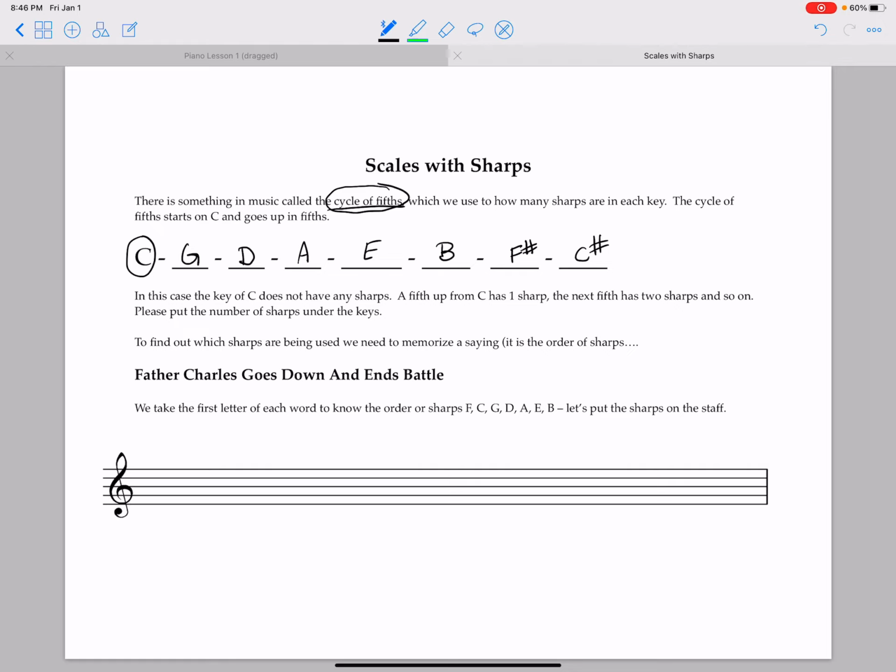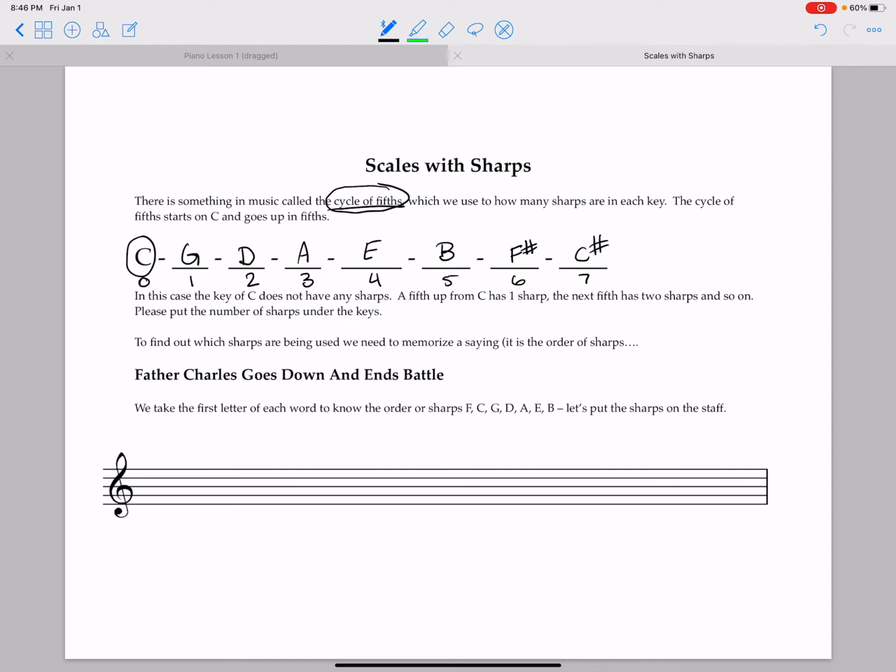And what I like to do, which will help out later, is write numbers underneath this cycle of fifths. So under the C, I write a 0. Under the G, 1, 2, 3, 4, 5, 6, and 7.